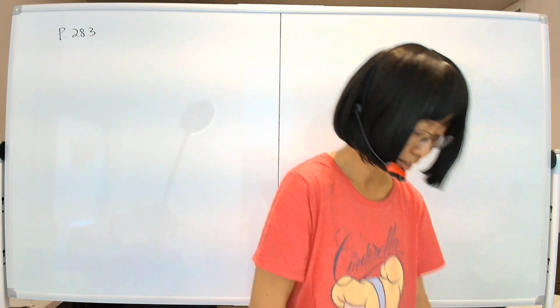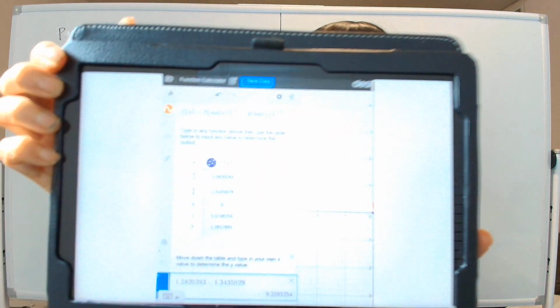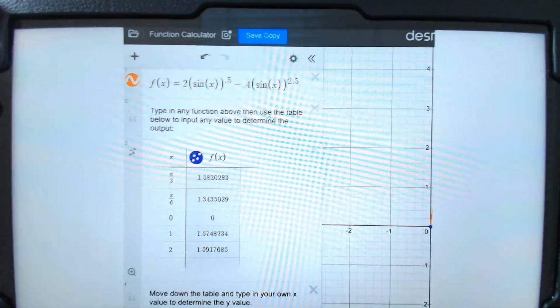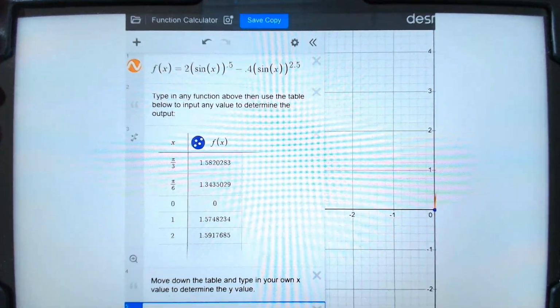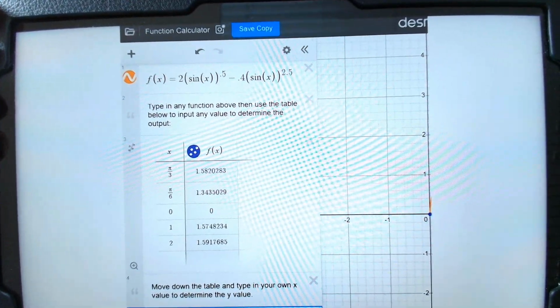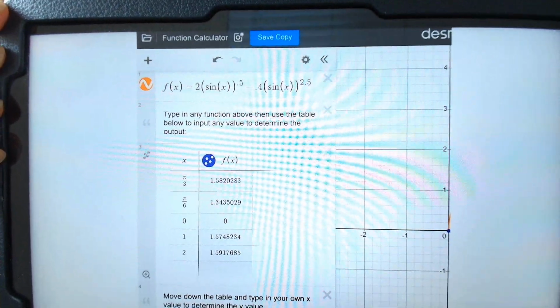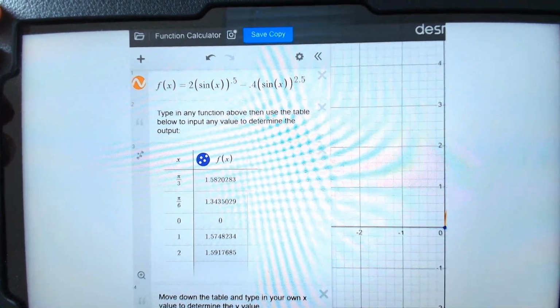So I find that the easiest and most convenient way of doing that is to use the Desmos calculator's function calculator. I have the link typed in under the homework, so you can try using this. What you do is you type in f of x, type all that stuff in exactly as is.